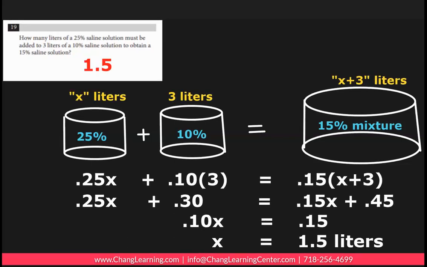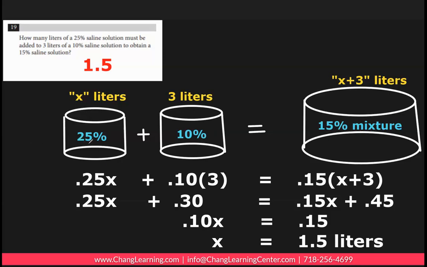What we need to do next then is, since we know that there are x liters of the 25%, we don't know how much we're going to pour into the mixture, but we do know it's 3 liters of the 10% mixture. And then the salt content will be 15% saline for x plus 3 liters, as both of these bins are poured into the mixture.